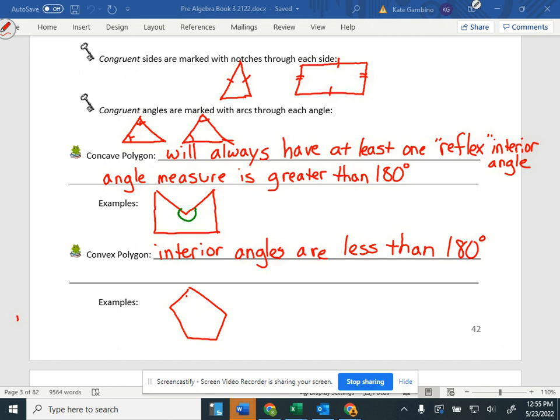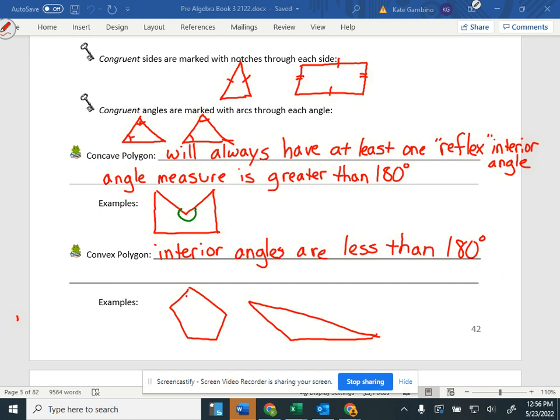So that obtuse triangle that Colin was just asking about, each of our interior angles is less than 180. Not adding them together, just looking at each individual angle, it will be less than 180 degrees. Then we know it is convex. So concave has an angle that's bigger than 180, where it caved in. Convex, they're all less than 180 degrees.